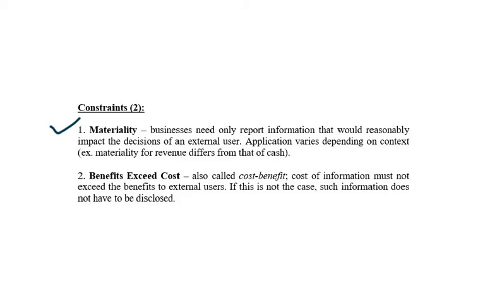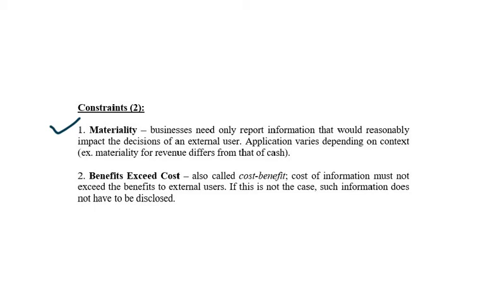So first we'll tackle materiality. What we're saying here is we only need to report information that would impact external user decisions. So if it's not going to impact their decisions, right? The best way to tackle this one in terms of the philosophy of it is, if we took this one element reporting-wise and subtracted it from the company's financial statements, would users make a substantially different decision on the economic wellness of that company?